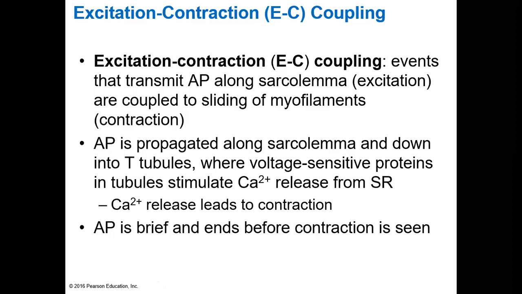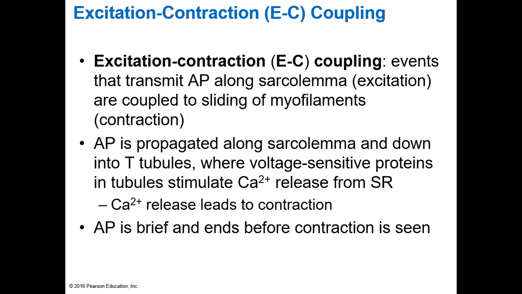Follow along with the words. Calcium is going to bind troponin. Troponin is going to now move tropomyosin away from the actin heads, and myosin can now bind to actin and pull and bind and pull and bind and pull, so the sarcomere can contract.